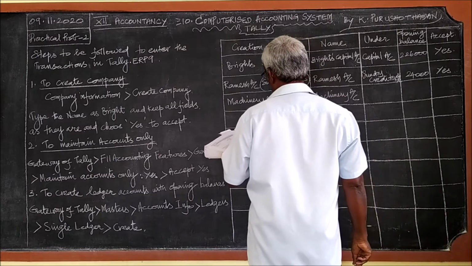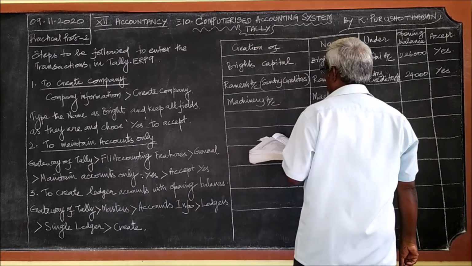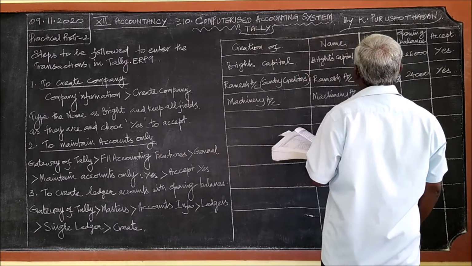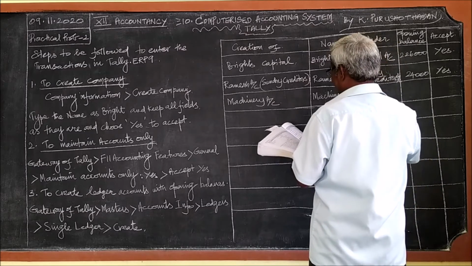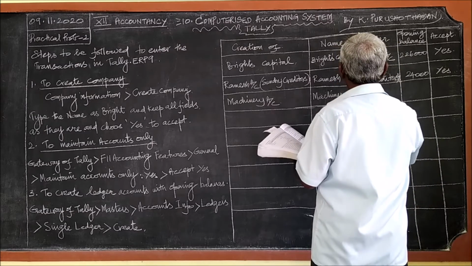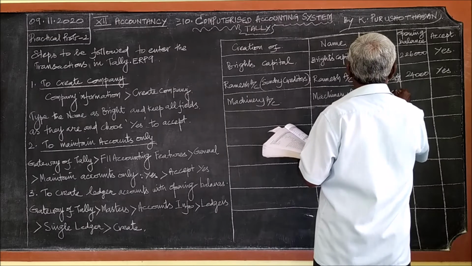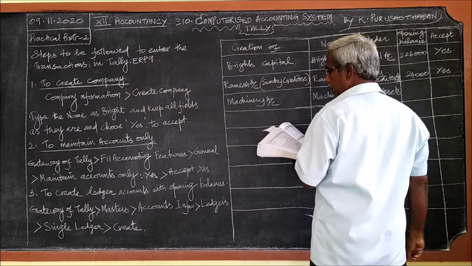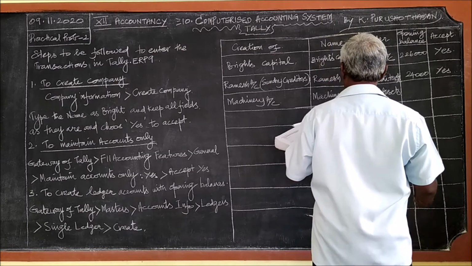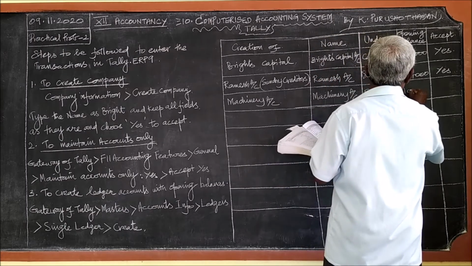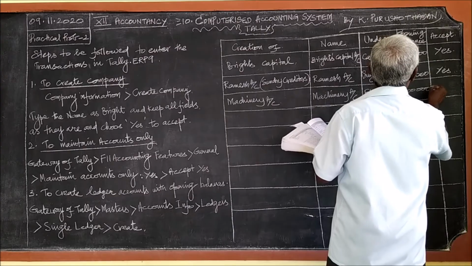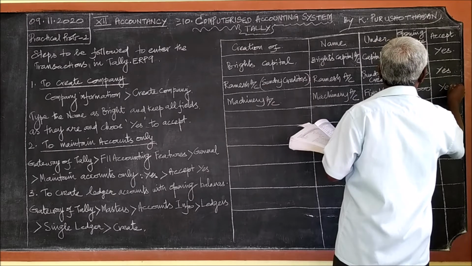Under what account it should be? The general name for machinery and the other items is assets account, that too fixed assets. The amount given is 1 lakh. Everything is over except yes.